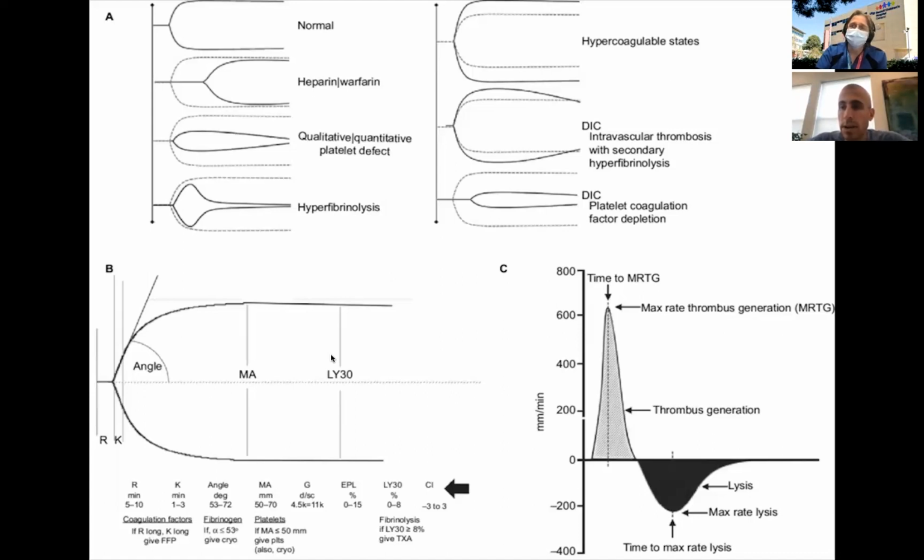So TXA will affect the TEG graph if the patient is experiencing hyperfibrinolysis. The TXA will treat that, and you may not pick it up if the TXA is given before the TEG sample is drawn. However, I do not think that giving TXA is that dangerous at all.